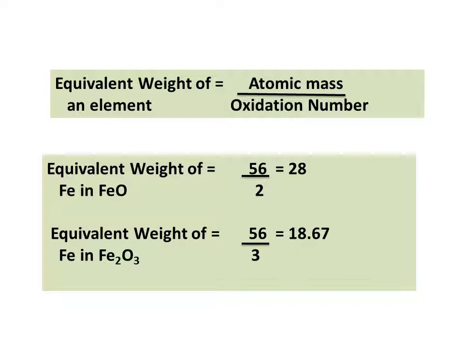It has varied. Now it has become +3. So 56 upon 3, and that will be 18.67. So this is how the oxidation number affects equivalent weight. We have seen two cases. One is valency changes, the equivalent weight of the same element changes; oxidation number changes, the equivalent weight of the same element changes. Now another case is there.